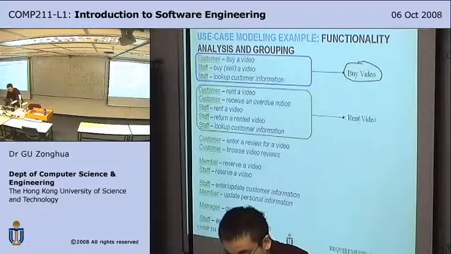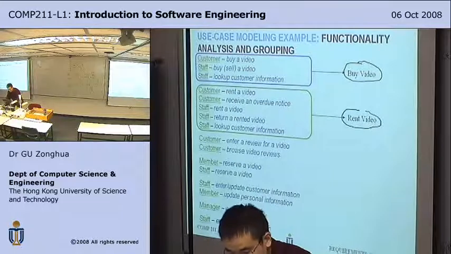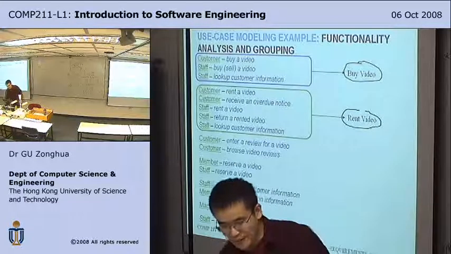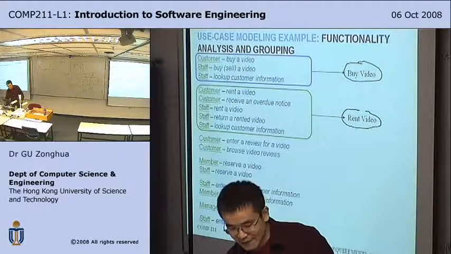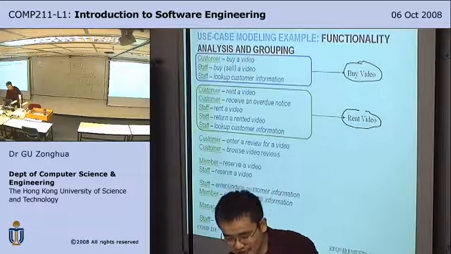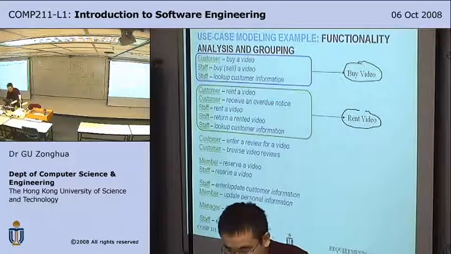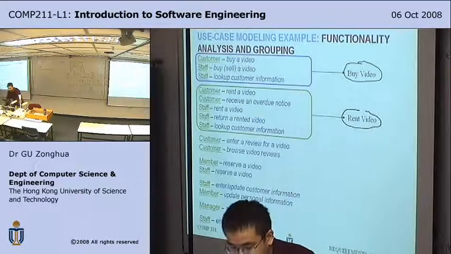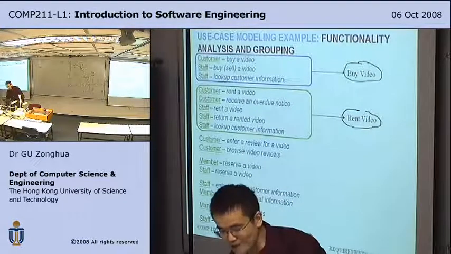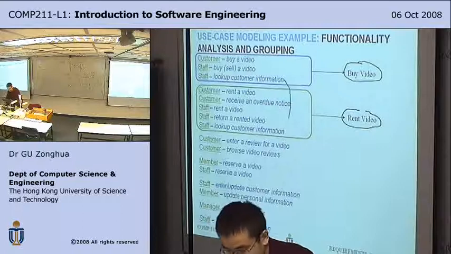Then rental. Rent video consists of customer rent a video, customer receive overdue notice, staff rent a video, staff return a rented video, staff look up customer information. So notice that look up customer information is a functionality that is used in both the buy video and rent video use cases.